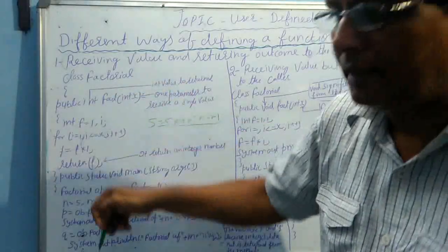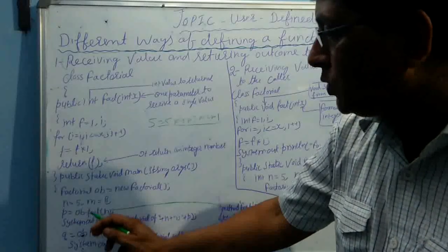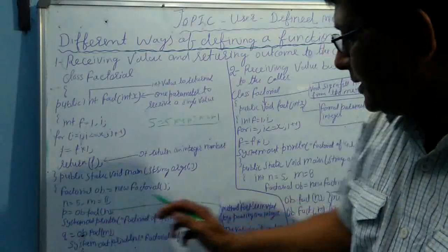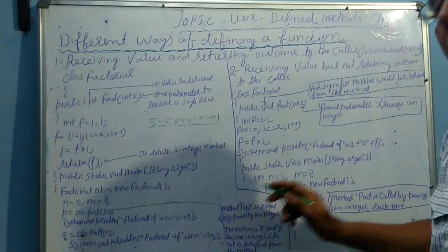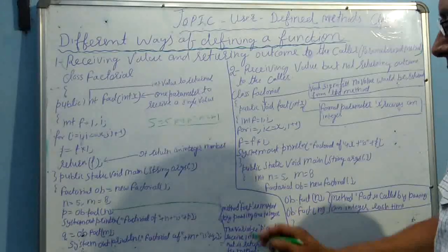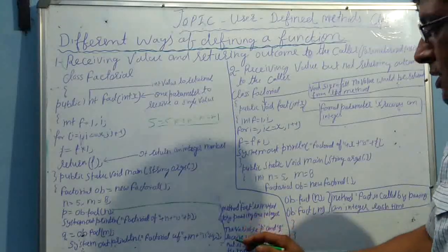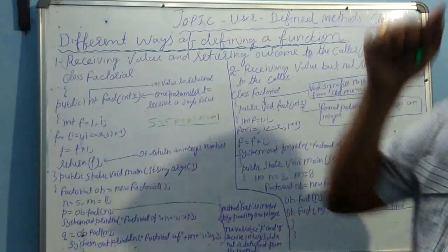Then p is equal to ob.fact(n), that is, the method fact is invoked by passing an integer. You can say the variables p and q receive integer data that is returned from the method.